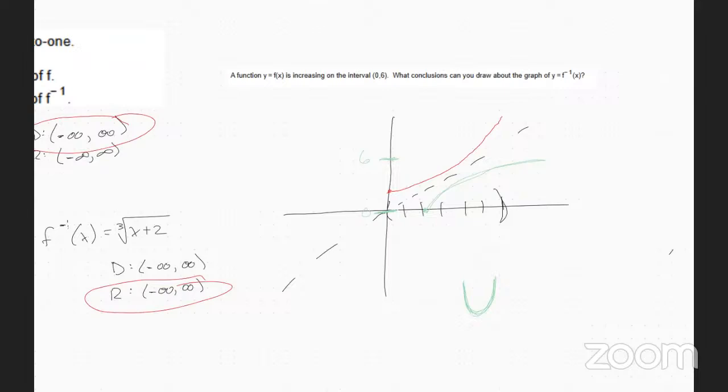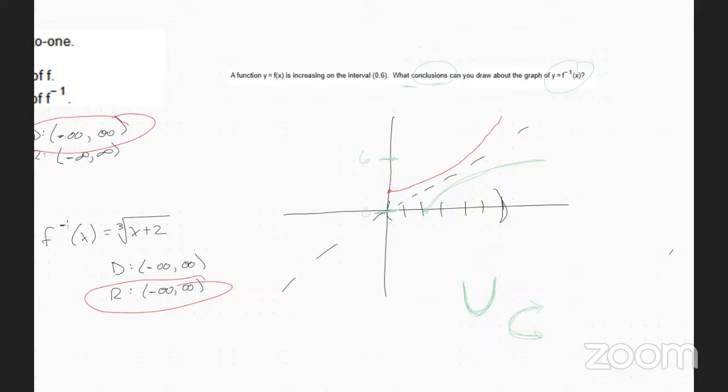So what conclusions can you draw of that graph? I'd say one of the conclusions is you can say that it's a function, at least for all of the points on the graph for which the y values are between 0 and 6.